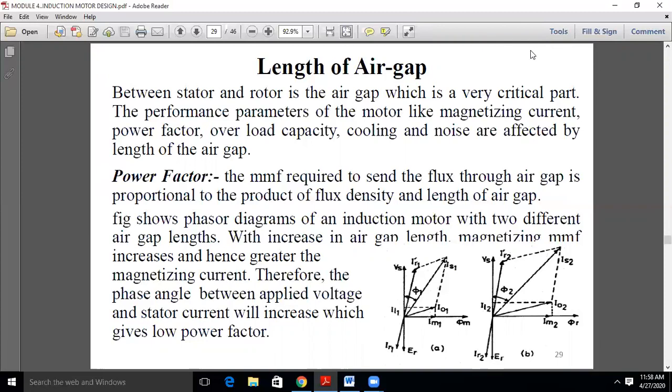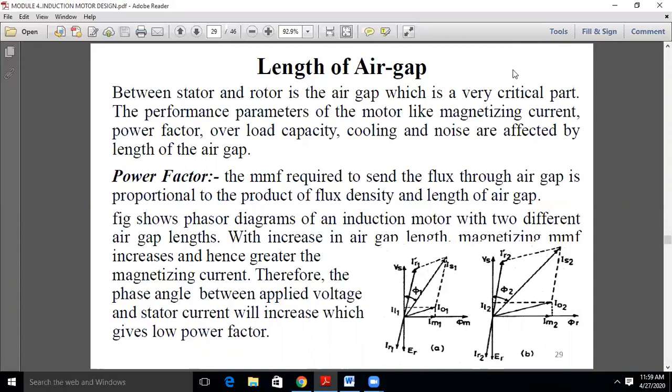Due to that, a rotating magnetic field, RMF, is produced in the stator, which produces MMF that flows along the air gap and links with the rotor. The rotor conductors also produce flux and hence rotor MMF, which links with the stator.